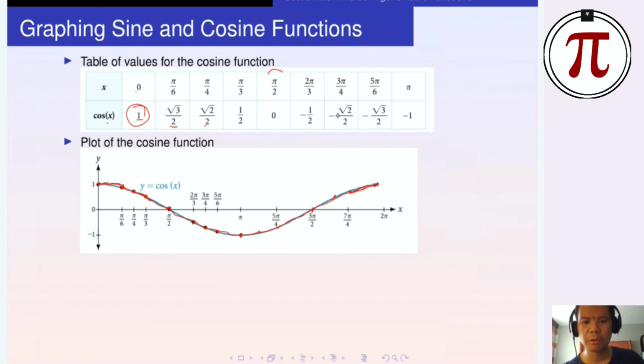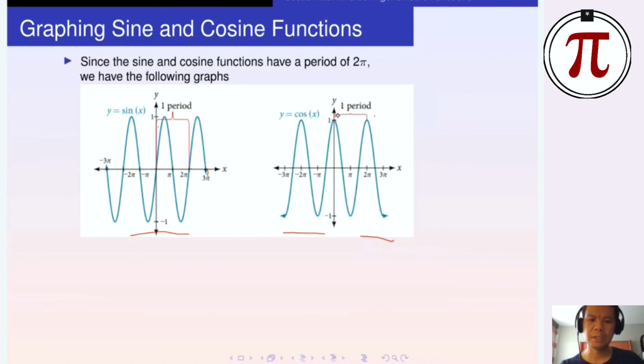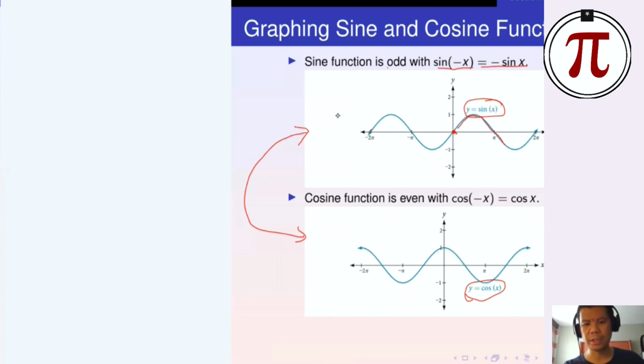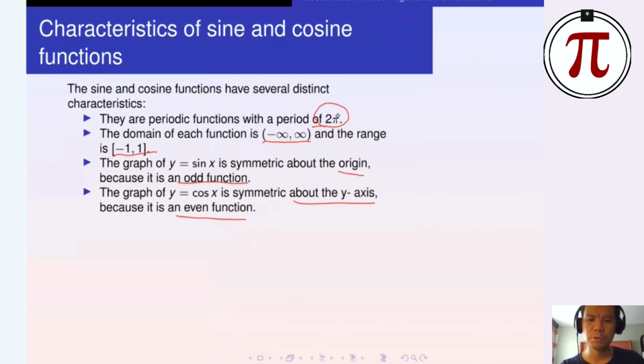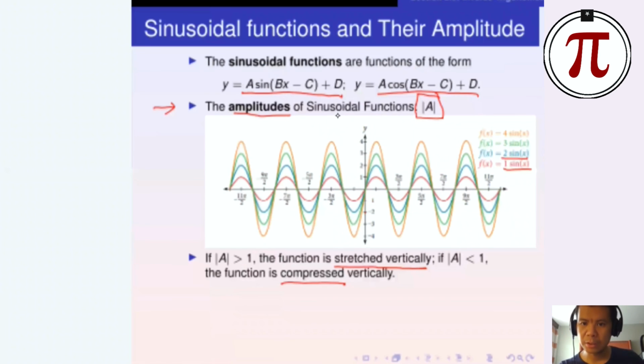But cosine pi over 2 equals 0. Yes? Cosine pi over 2 equals 0, and it repeats. Pi over 2 is 0, 3 pi over 2 is 0, and so on.